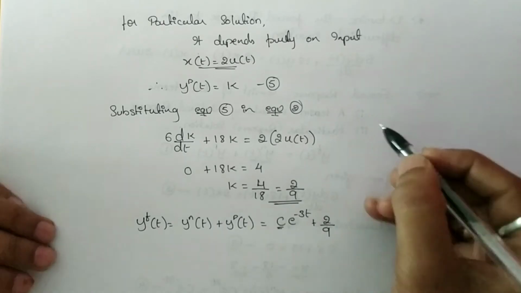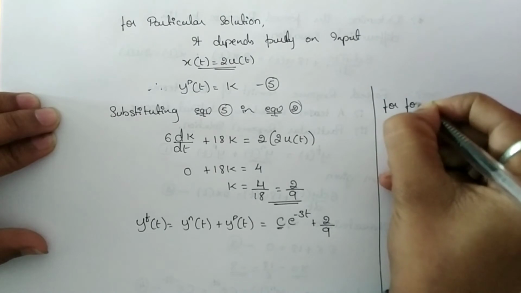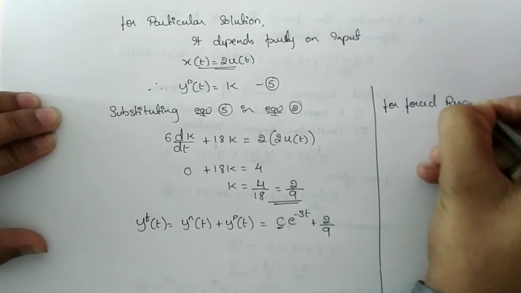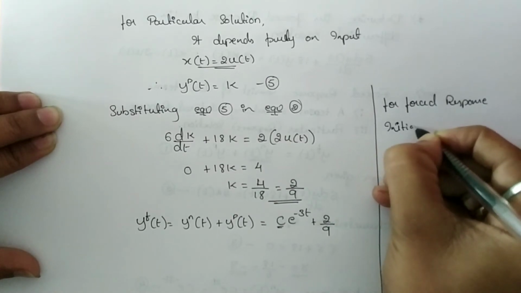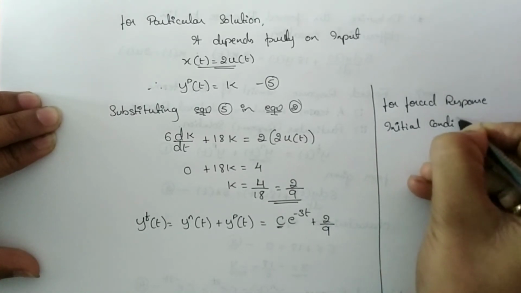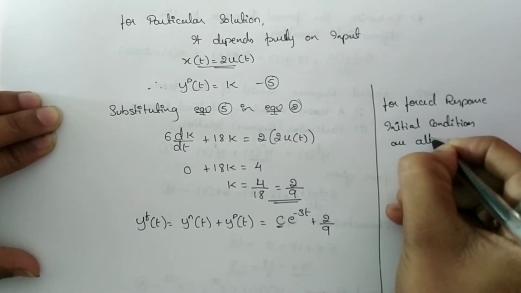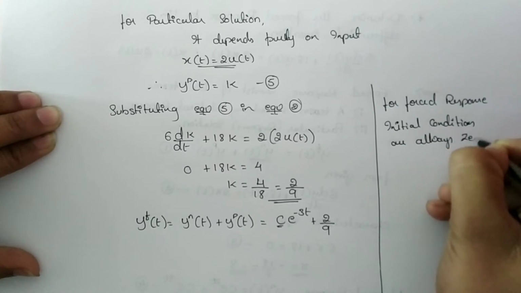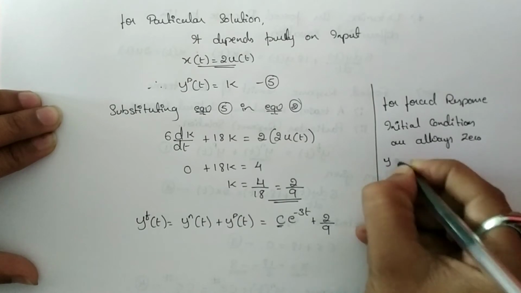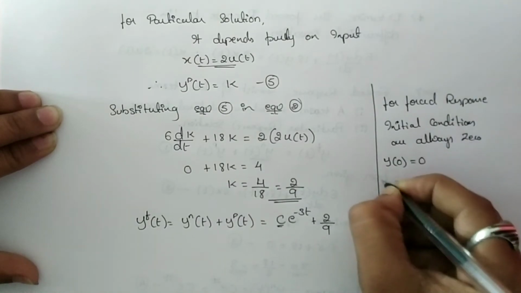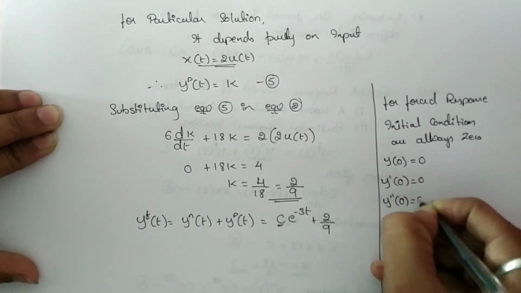In a forced response, remember, for forced response, initial conditions are always 0, which means y of 0 is 0, y dash of 0 is 0, y double dash of 0 is 0.